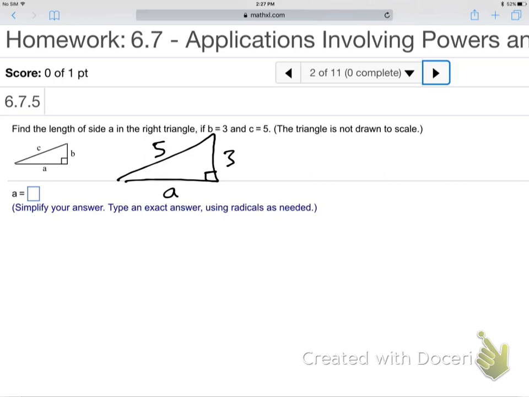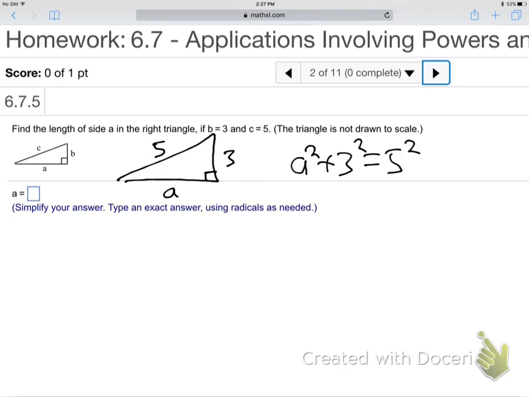So write the Pythagorean theorem. So A squared plus 3 squared is 5 squared.